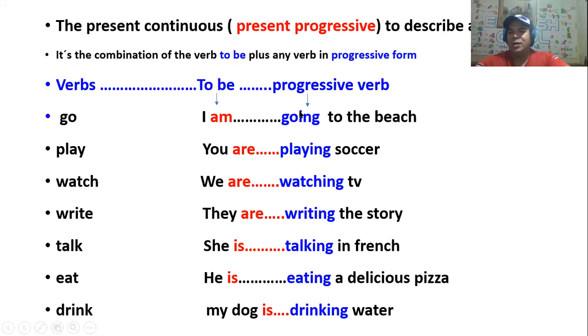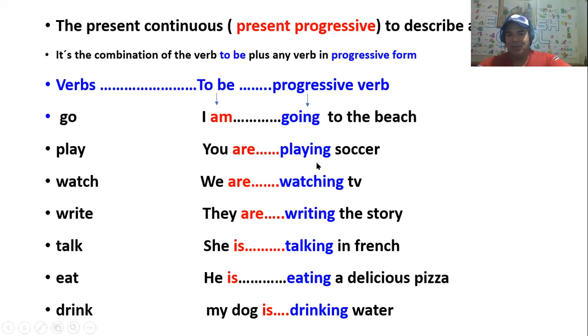So where did we get these verbs? Los sacamos de aquí, de esta lista de verbos. In the present form, en la forma presente, we say go, play, watch, write, talk, eat, and drink. But when we put these verbs into the progressive, we put the ing form into the verb, el ing. Go, going.